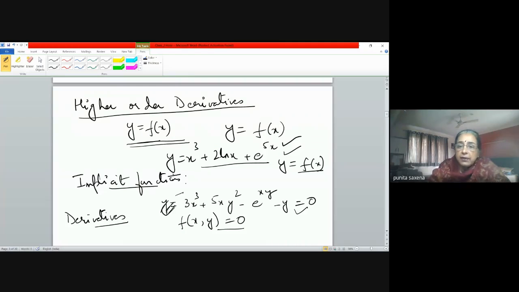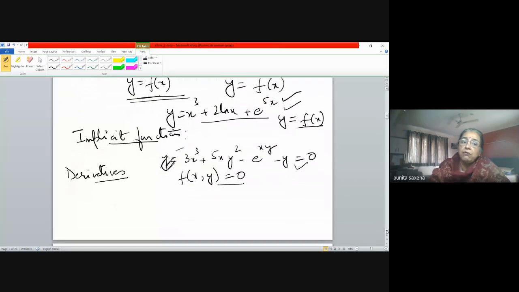What I mean to say here is whether I have an explicit expression or an implicit expression, I can find the derivatives. The only thing I need to know is what kind of derivative I am evaluating. If I say find dy by dx, it's understood that we are trying to study the changes in y when there is a change in x.